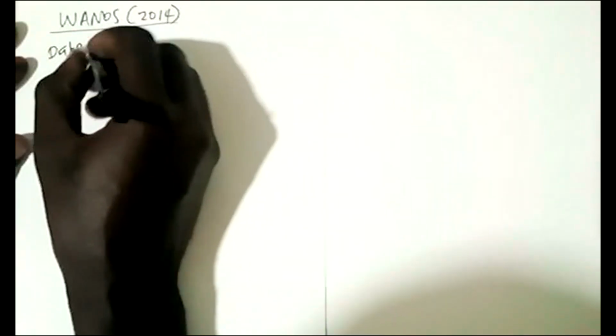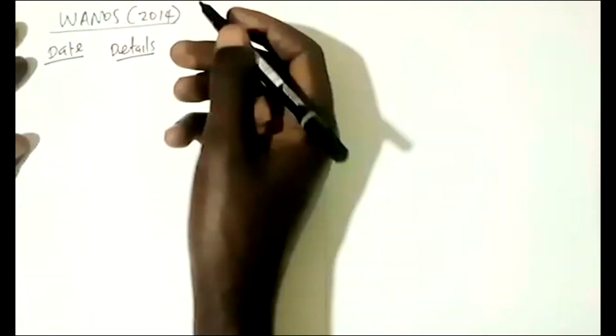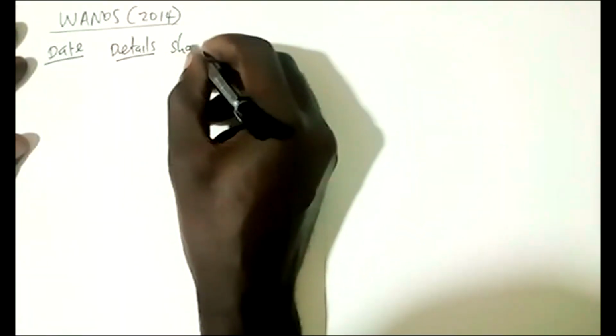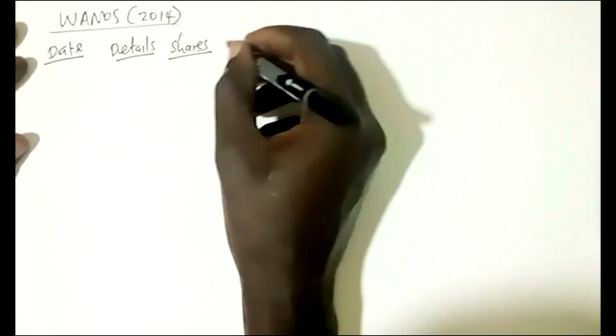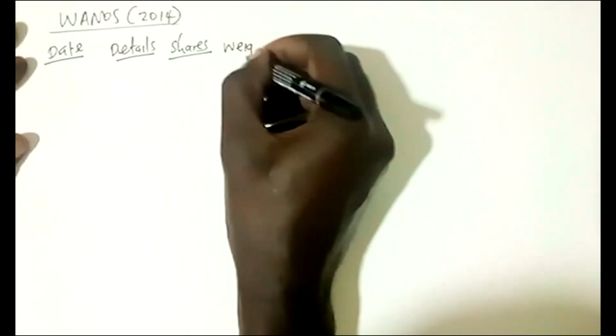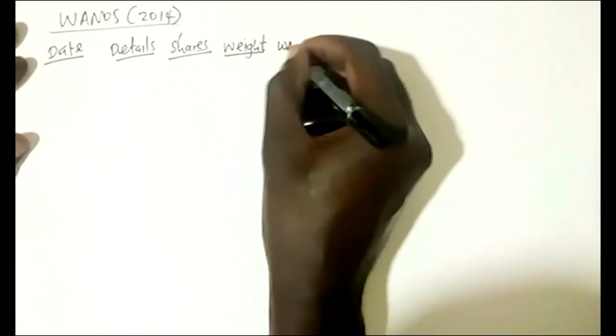But now when we don't have a rights issue, we just weigh the ordinary shares. So you write here the dates, you talk about details, you talk about the shares, you talk about the weight, and you talk about the one-offs.